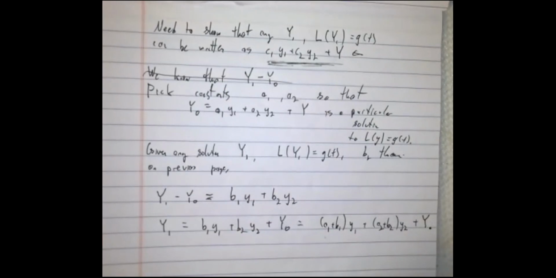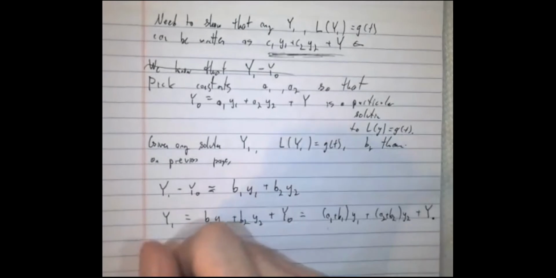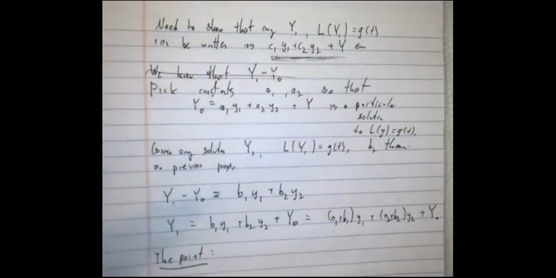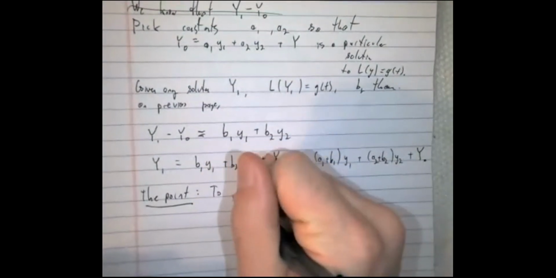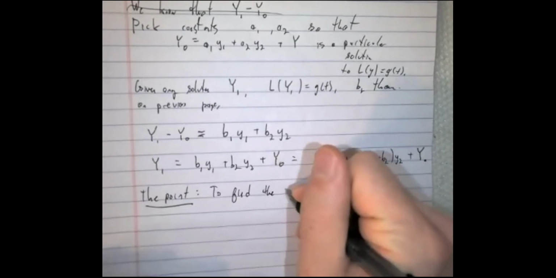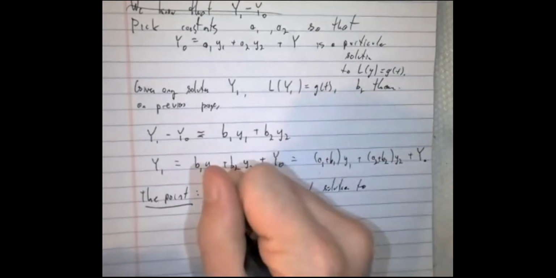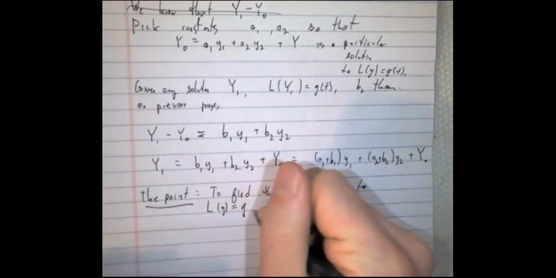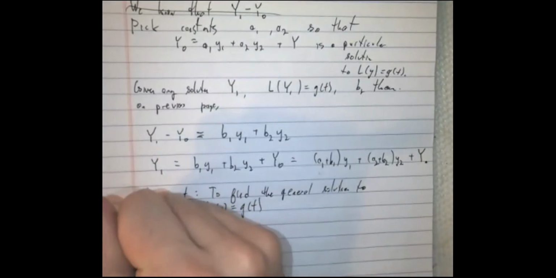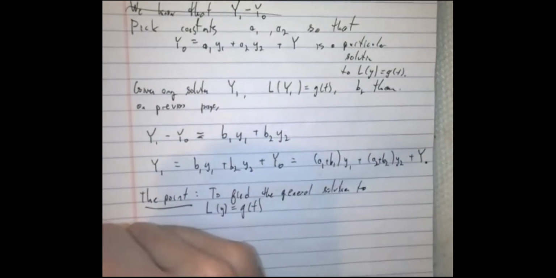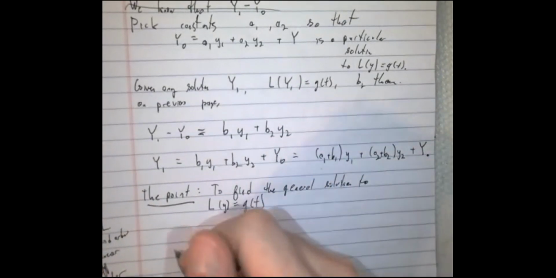Yeah, sure. So the point here is, to find the general solution to L of y equal to g of t, for L a second order linear differential operator, we need two pieces of information.